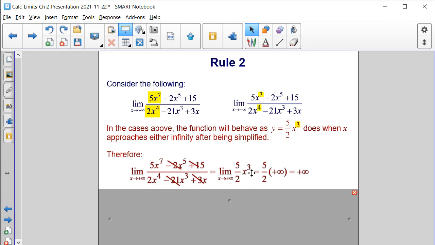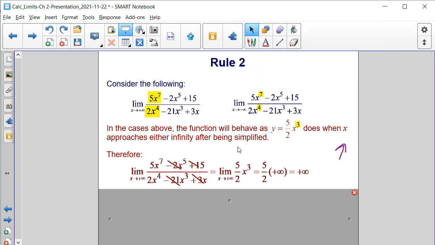And if we substitute positive infinity in, positive infinity cubed is still positive infinity, and 5 halves of that is still positive infinity. So that's justifying the fact that the end behavior on the right-hand side is going to be going upward and in the positive direction.